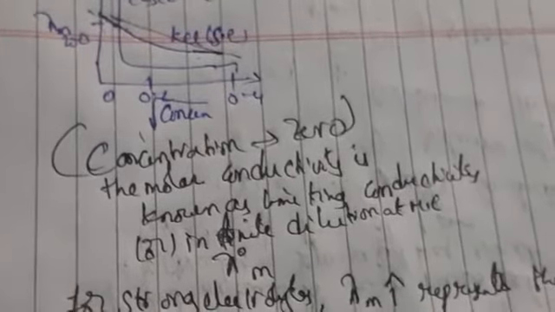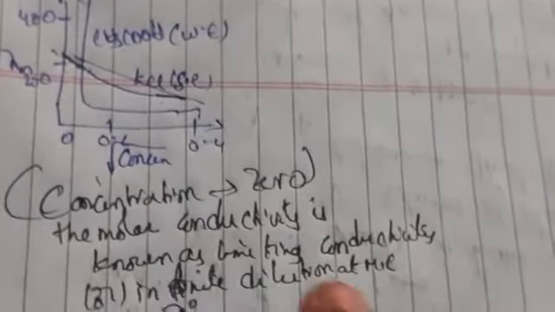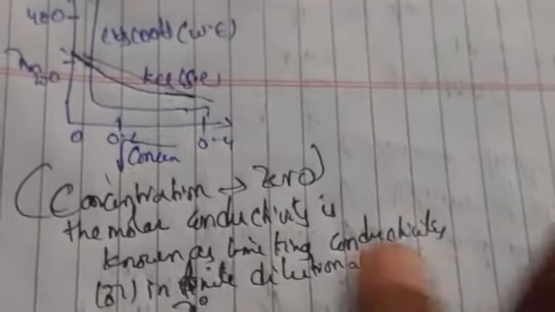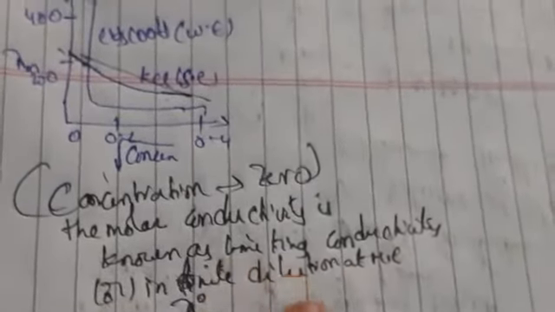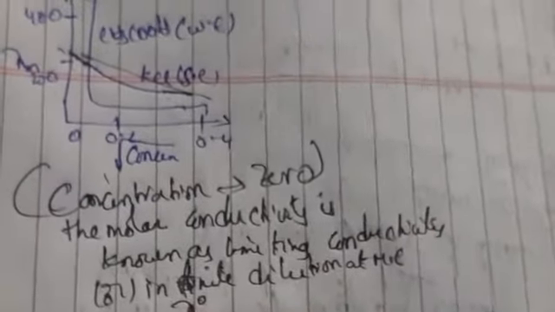The value of the constant a for a given solvent and temperature depends upon the type of electrolyte, meaning the number of cations and anions produced on dissociation of the electrolyte.